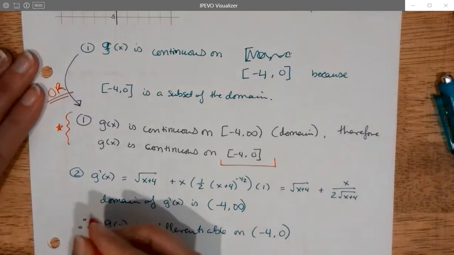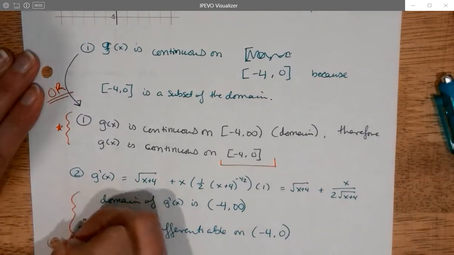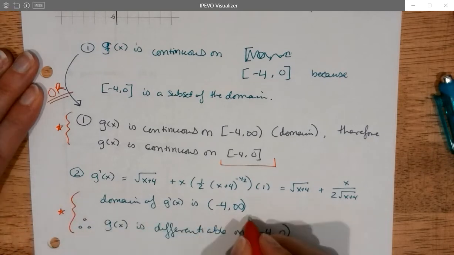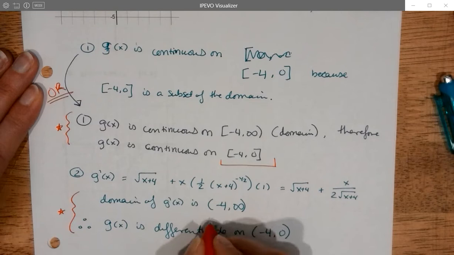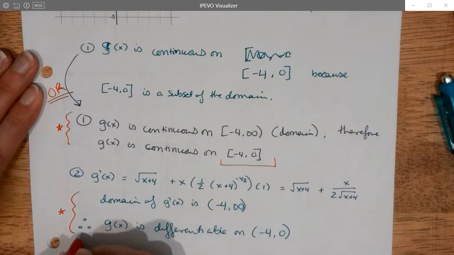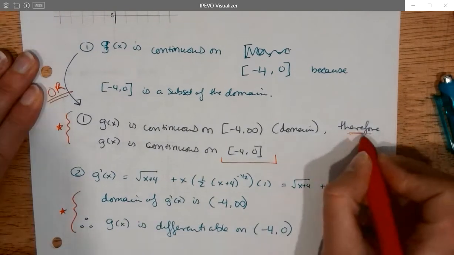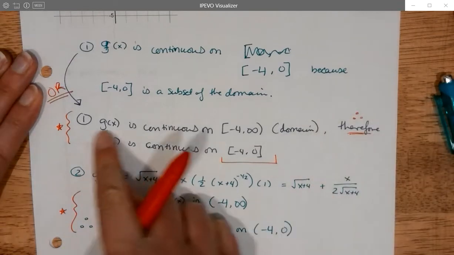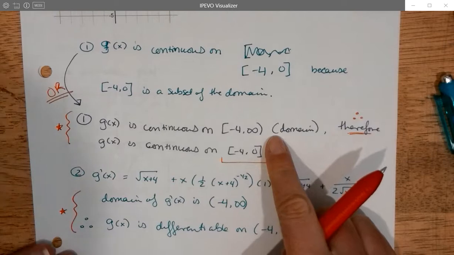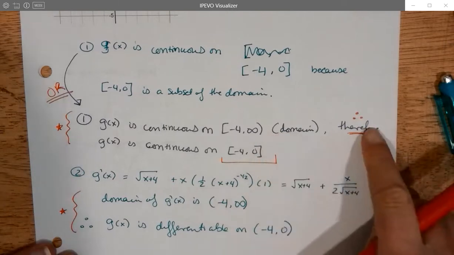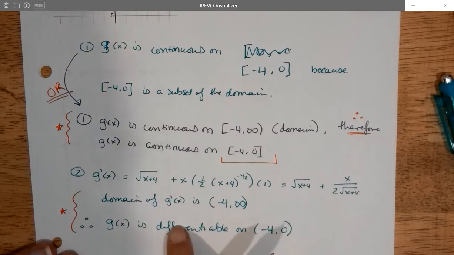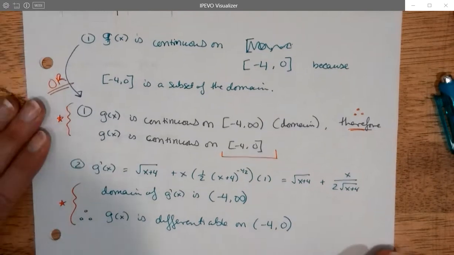So this statement relies on stating what the domain of the derivative is, and then I can conclude from the derivative. Remember, these 3 dots are therefore. I have a therefore statement up here as well. The domain of g of x gives me, therefore, I'm continuous in the closed interval. The domain of g prime of x gives me, therefore, the original function g is differentiable now on the open interval. That's what I needed.